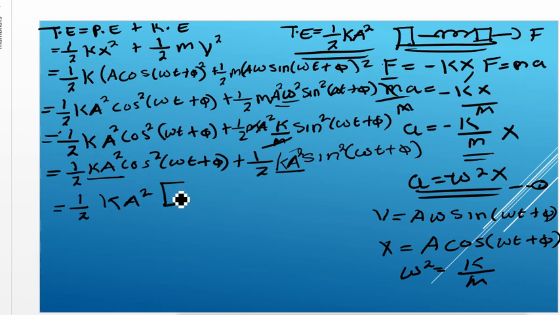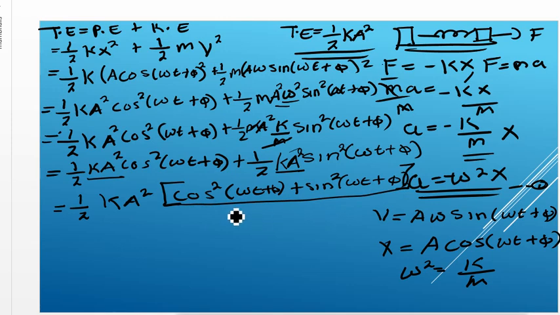Then of course we're going to remain with cosine squared of omega t plus phase plus sine squared of omega t plus phase. Now remember that this is a trig identity, and it is equivalent to 1.